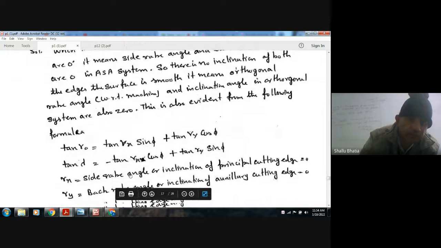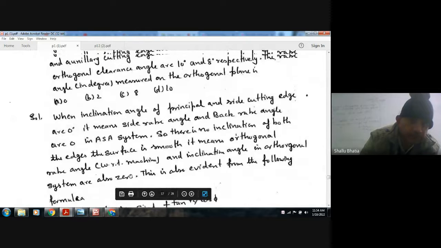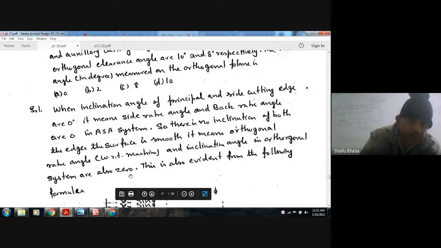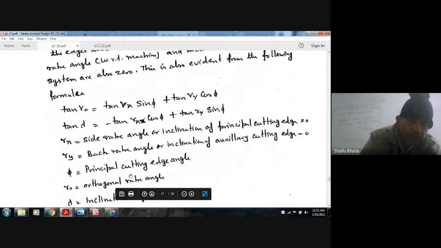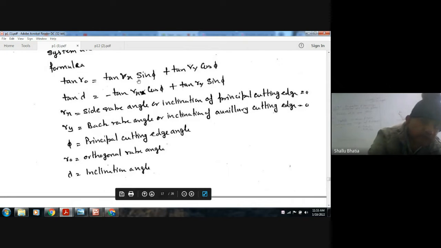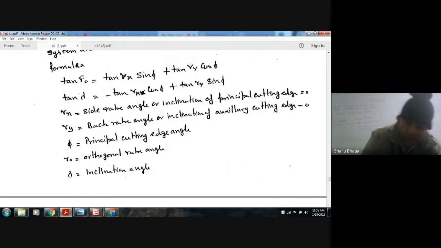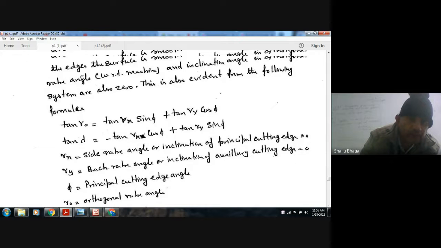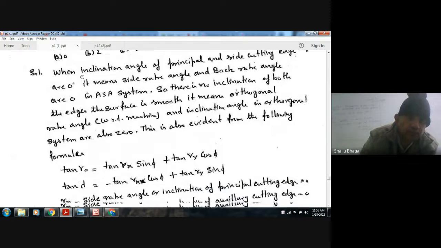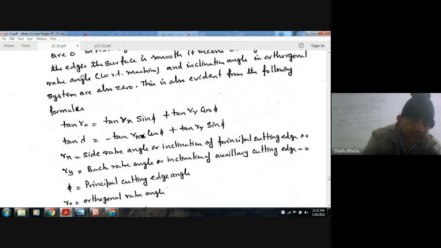So now, by putting these equal to 0, this will be 0, this will be 0. So tangent also will be 0, so the answer is 0.